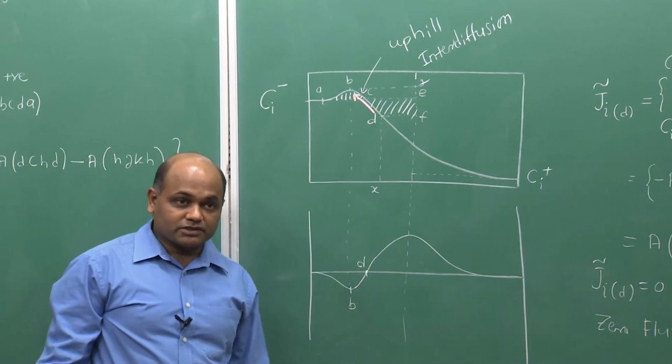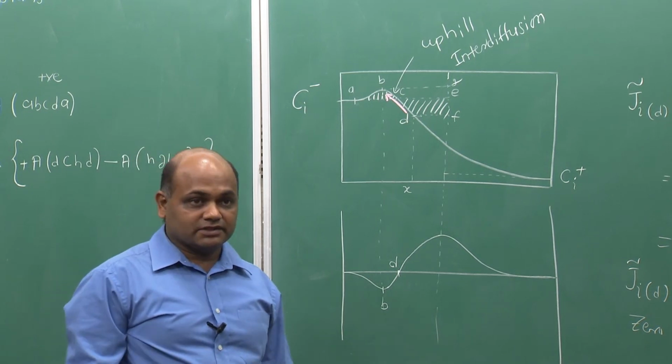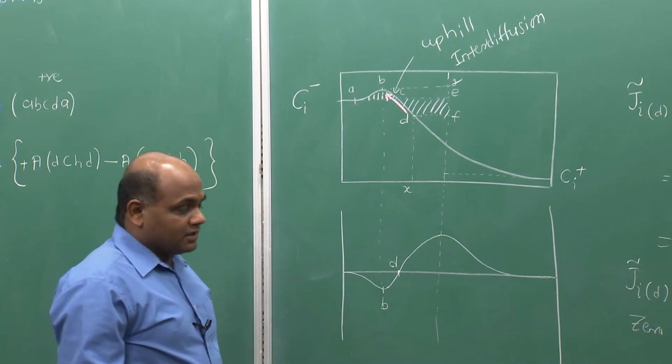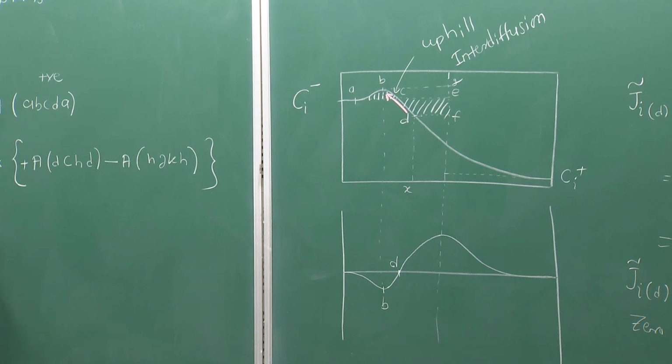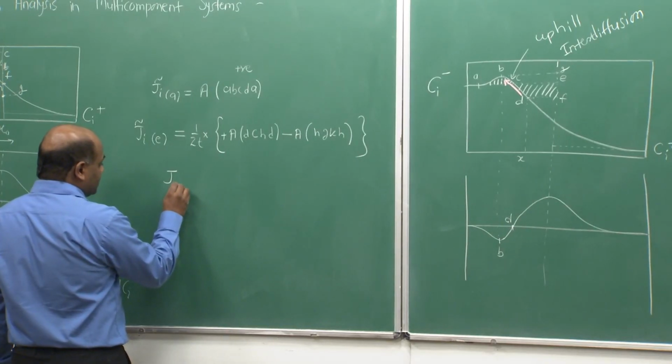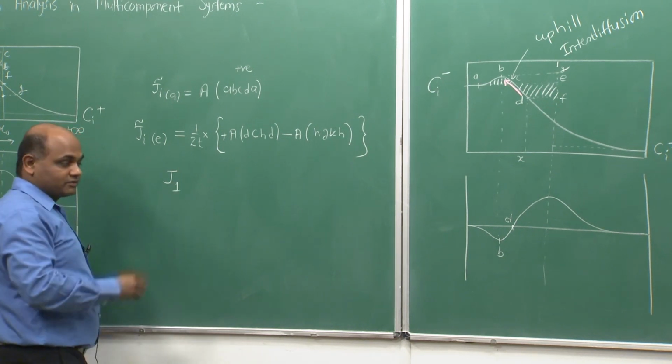This is again because of the strong diffusional interactions that can occur. Let us see how. So, we know the interdiffusion flux, let us say component i is 1 here.